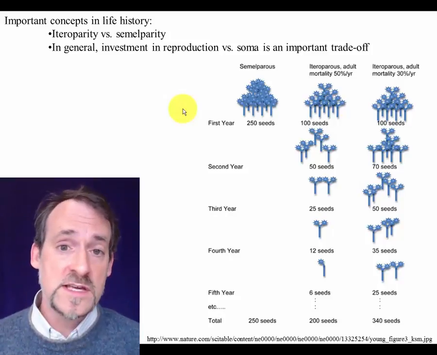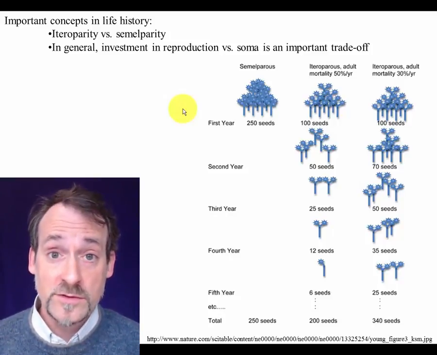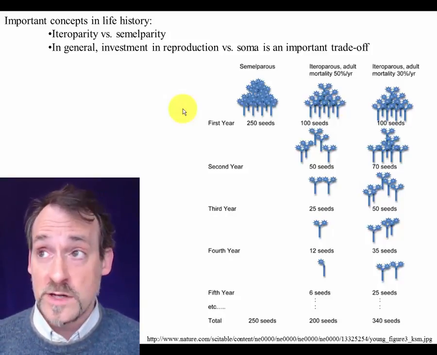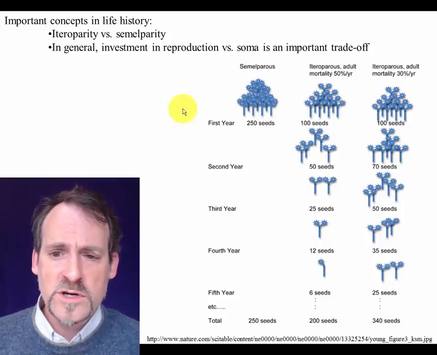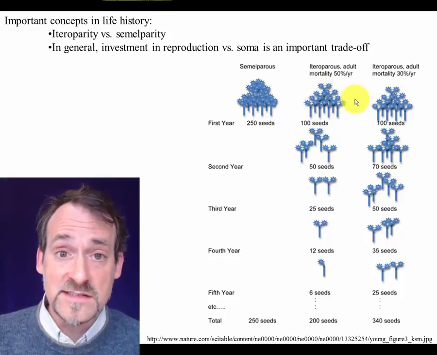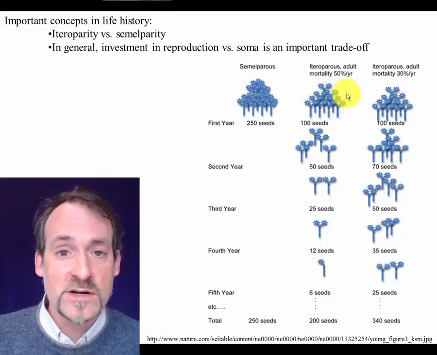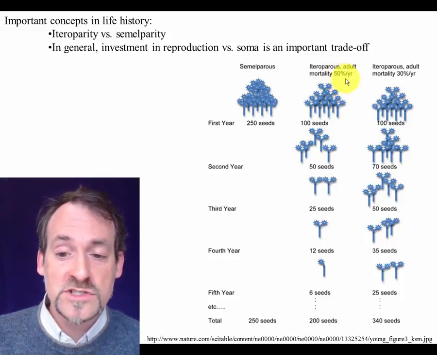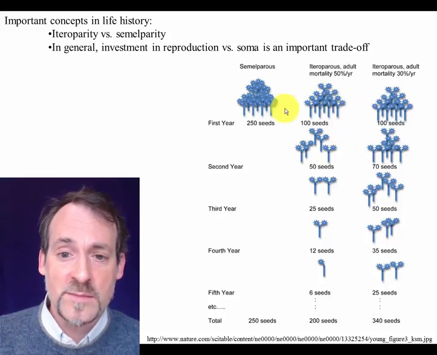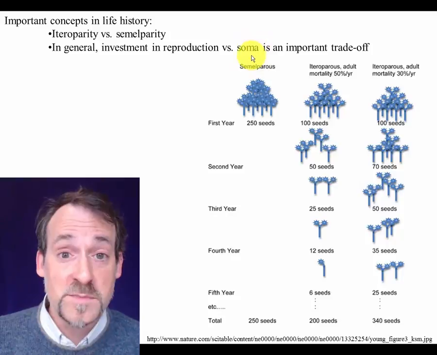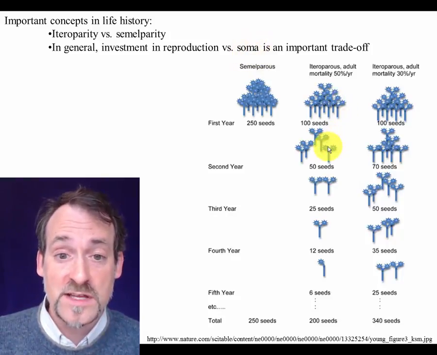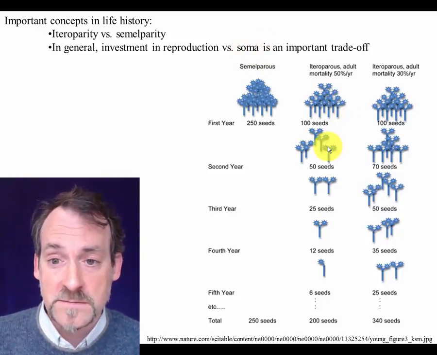The other thing you have to keep in mind is the trade-off between reproduction now and investing in the body now. In other words, how many seeds is it going to cost this iteroparous plant to survive the winter? How much of its reproductive resources does it have to invest in its soma, its body, in order to survive to the next reproductive season?